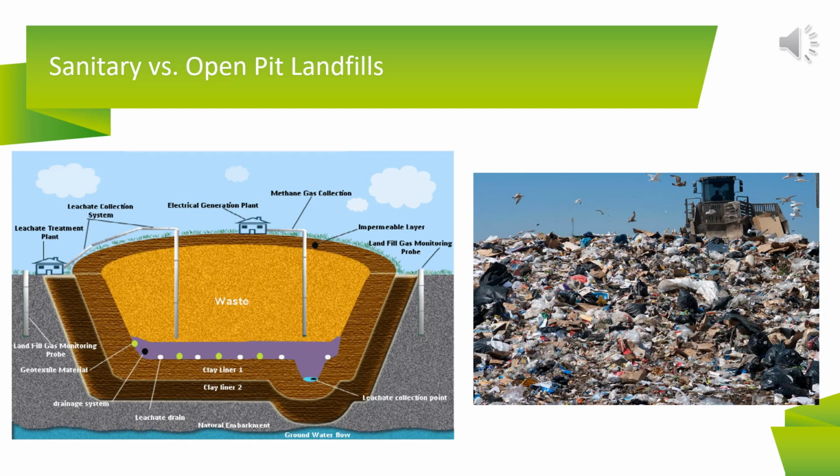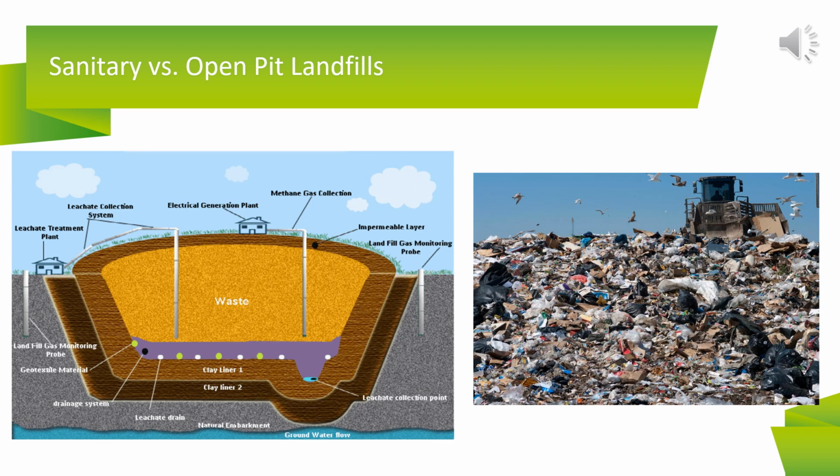So these are the 2 most common methods of landfilling that you'll find on the planet. In undeveloped countries or lesser developed countries, you will typically find what's called an open pit landfill, which is what you see on the right-hand side of this slide. An open pit landfill is exactly what you think it is. They dig a hole and they start dumping their trash in it. And that trash will build up and build up and build up.